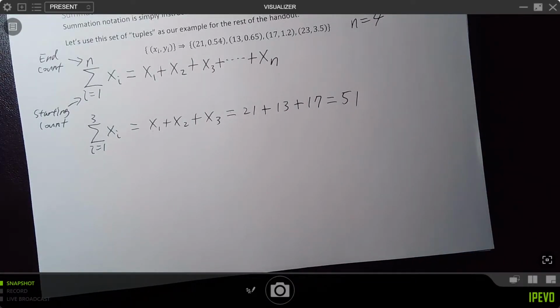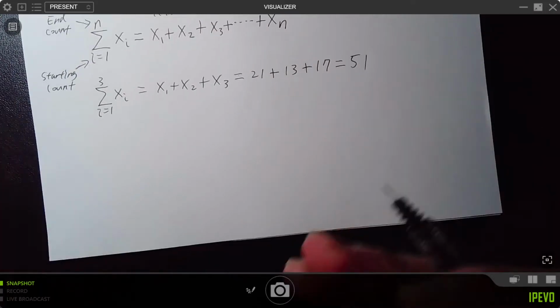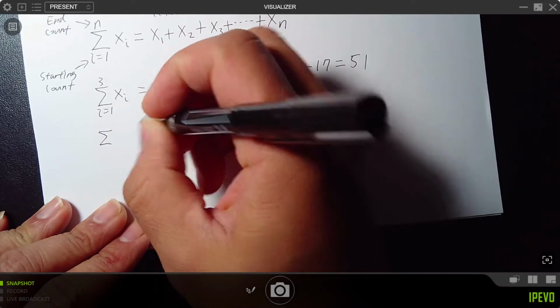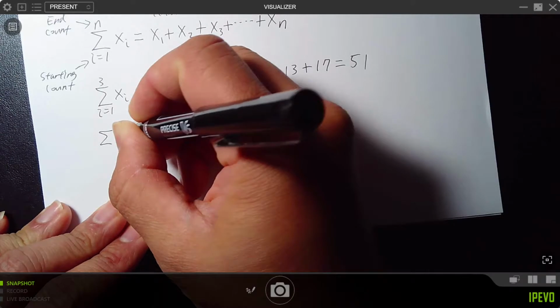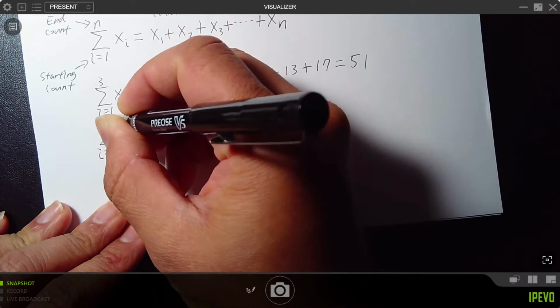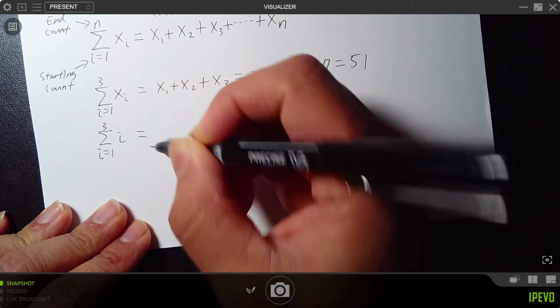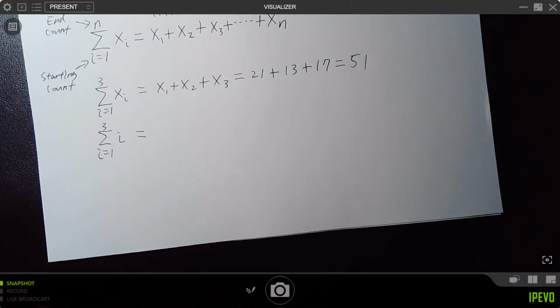Summation notation, just think of it as a very shorthand, very compact way of writing a set of summation procedures. I'll give you one more. What about if I just have the sum of i, to 3? Again, don't overcomplicate it.